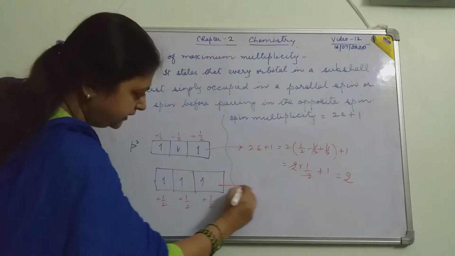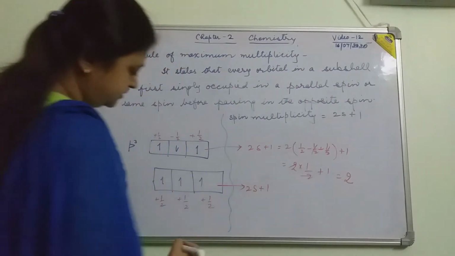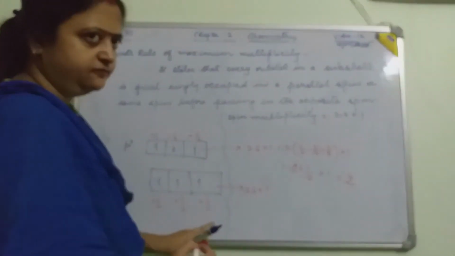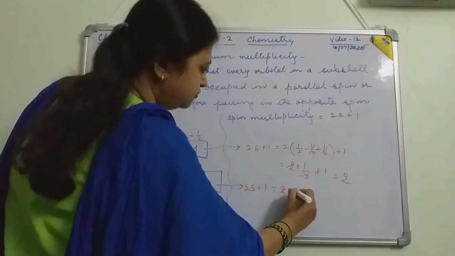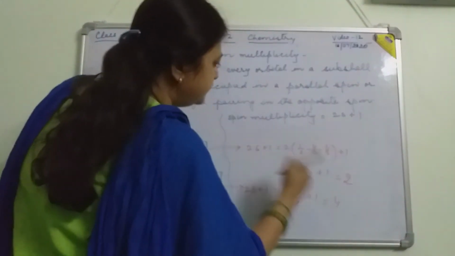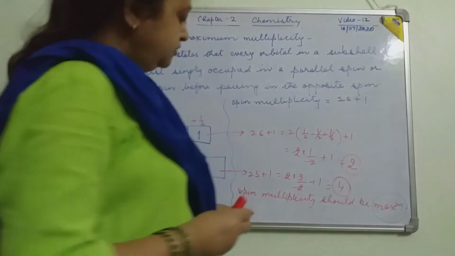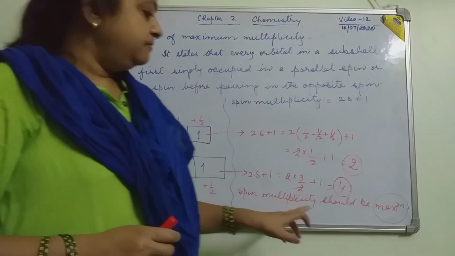For the second, s is half plus half plus half, 3 by 2, so it is 2 into 3 by 2 plus 1, which is 4.